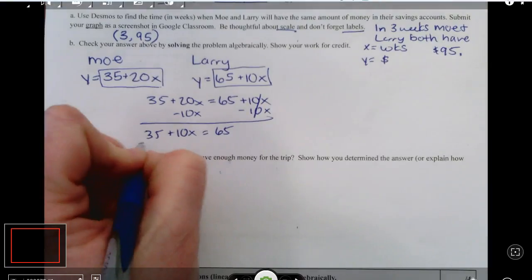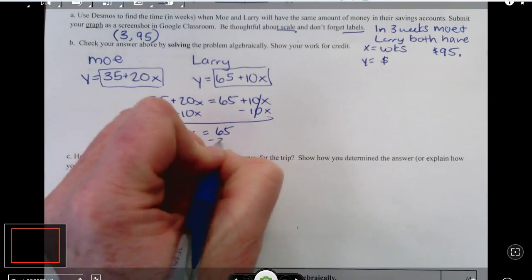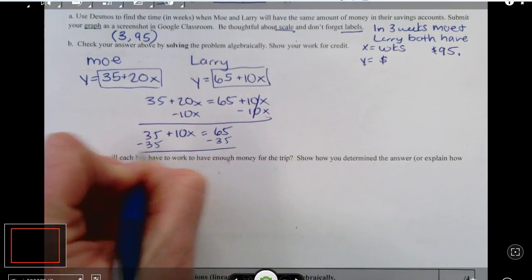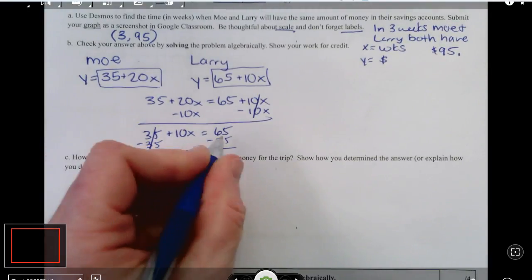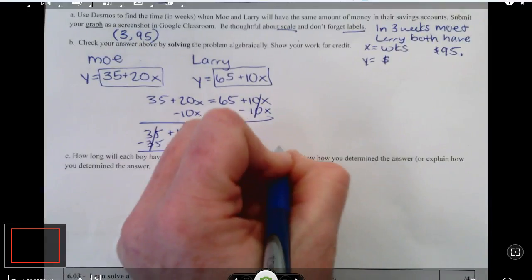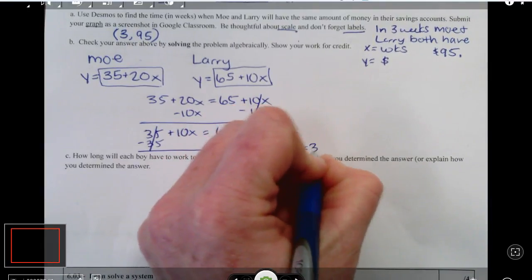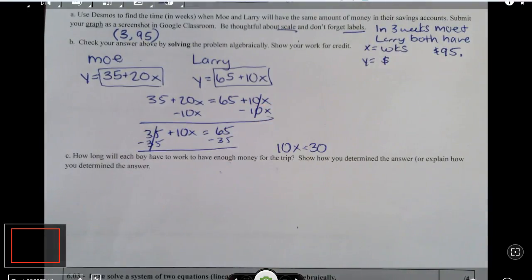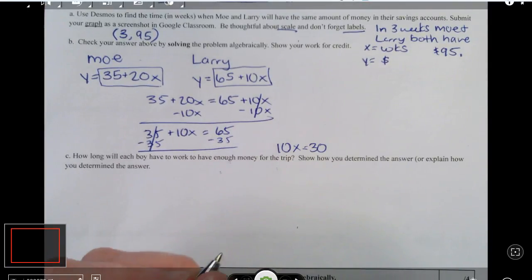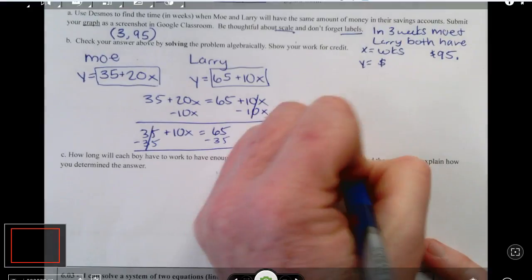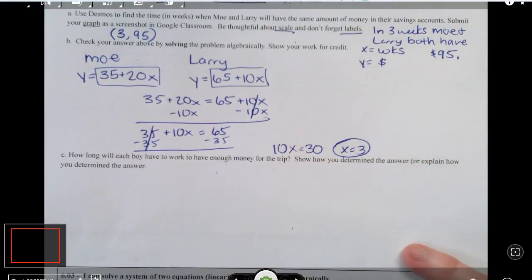I've got to get rid of this 35 on the left side. So I'm left with 10x equals 65 minus 35, 10x equals 30. So x is going to be 3.